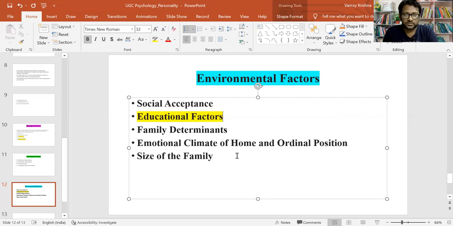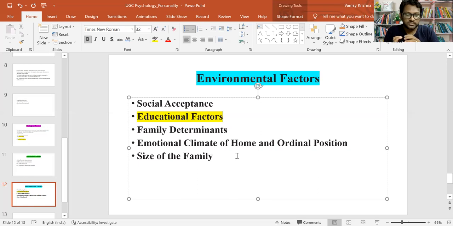Coming to ordinal position, especially birth order, this is another familial factor which can have a potential influence on personality development. All children have a unique position in the family, such as eldest, youngest, second or third, according to the birth order.